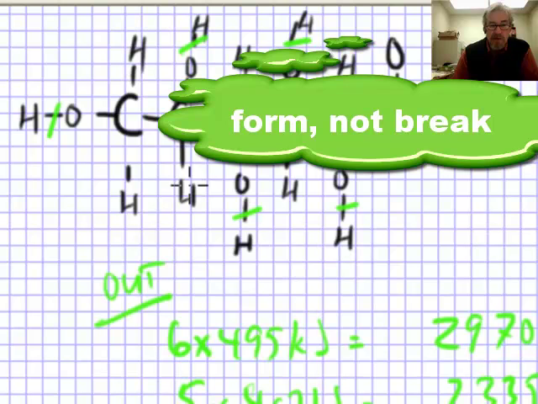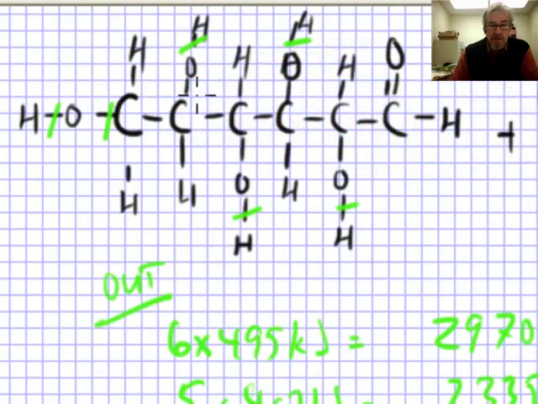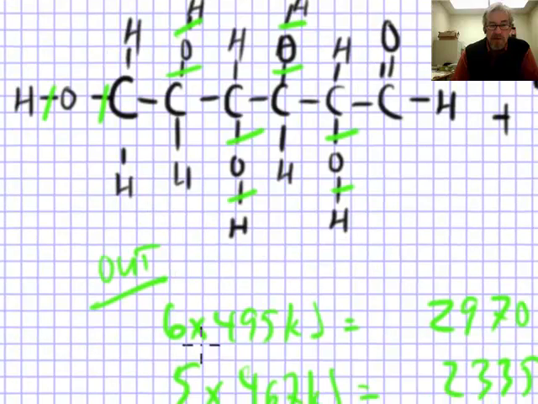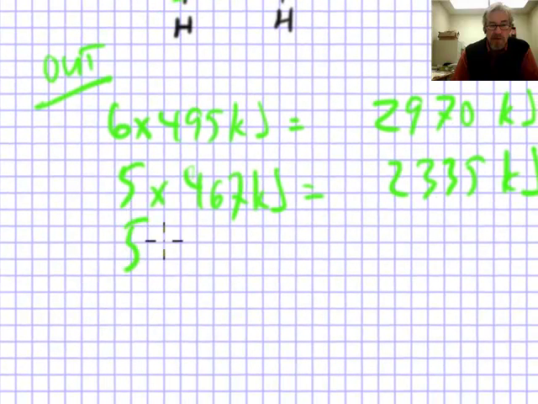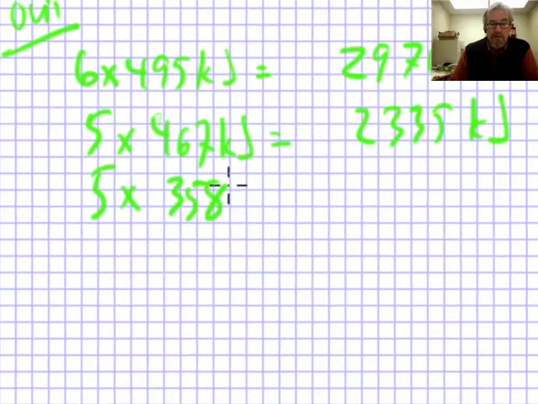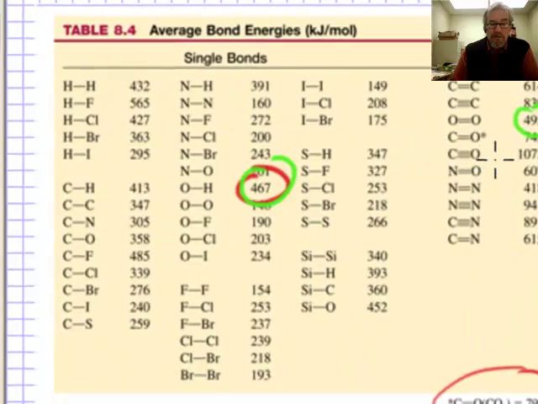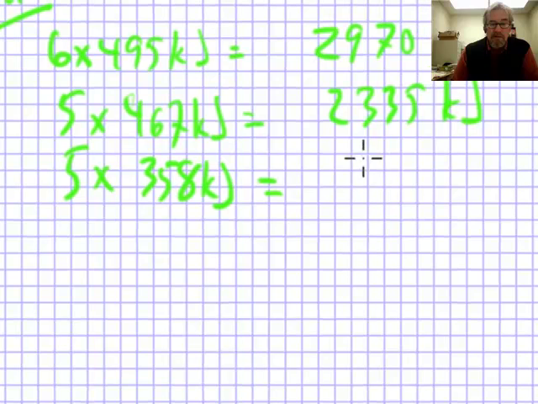We're also going to form some CO bonds. How many? 1, 2, 3, 4, 5. And that's a C=O double bond, so we're not going to count that one. 5 times 358 kilojoules is what you get when you look that up. A CO single bond is 358 kilojoules. So when we sum that all up, we end up with 1,790 kilojoules.